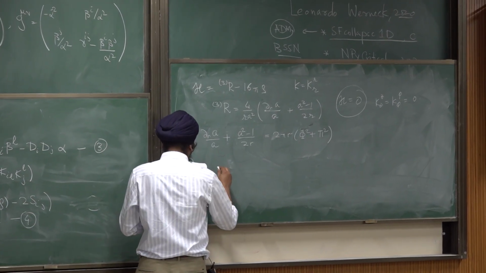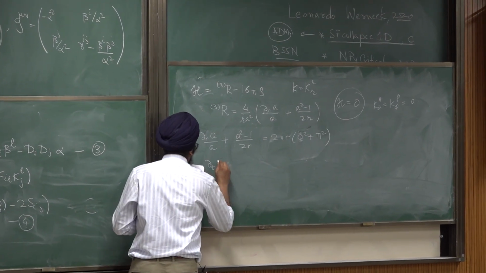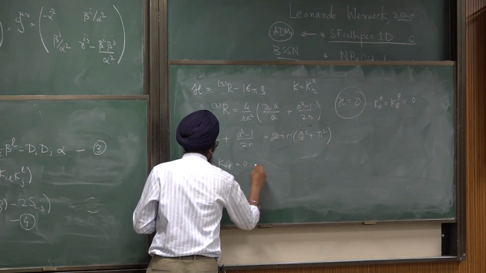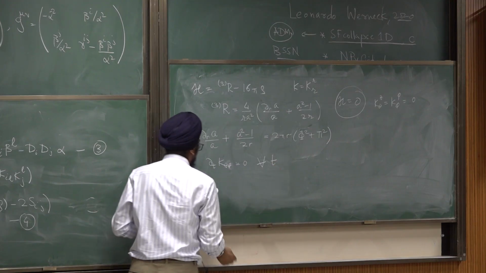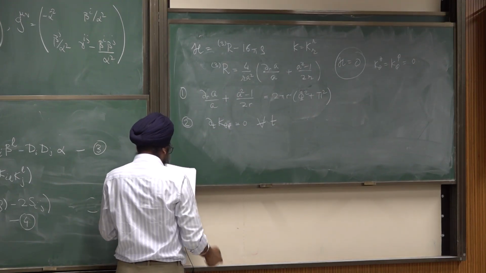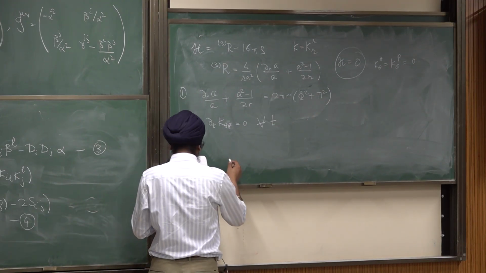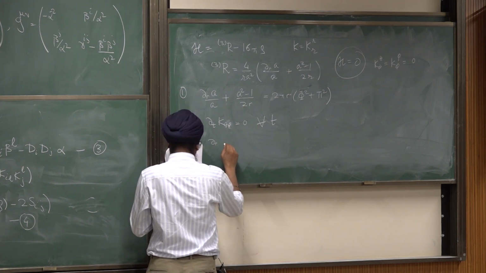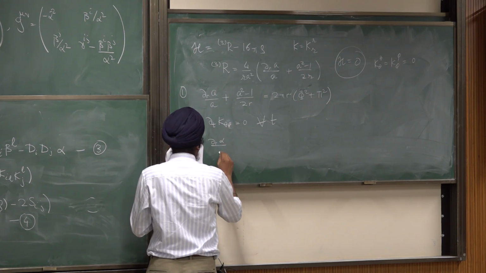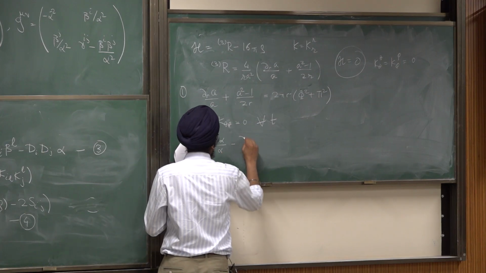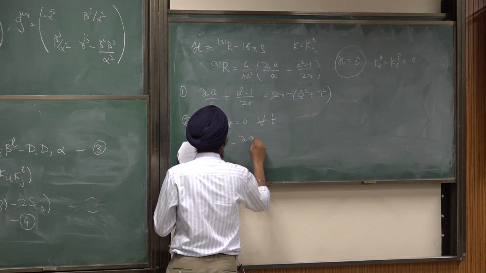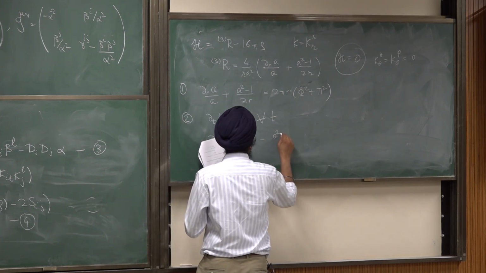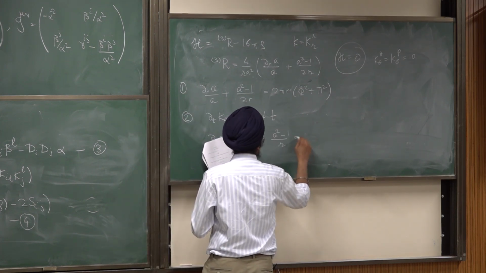So del T of K theta theta is zero for all times. Since that is there, it implies the relation that it leads to the equation del R alpha by alpha minus del R A by A minus A square minus 1 by R equal to 0.